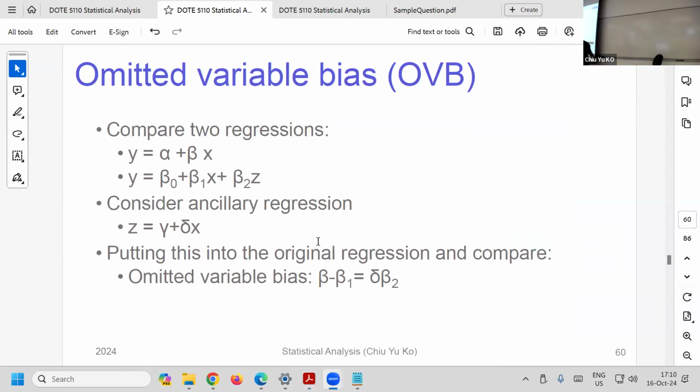But simply said, I have two regression equations. This one is correct, this one is wrong because I omit a variable. So the question is how beta 1 and beta are related. And if you run another regression, Z on X, it turns out, with this coefficient, they are related in this way.